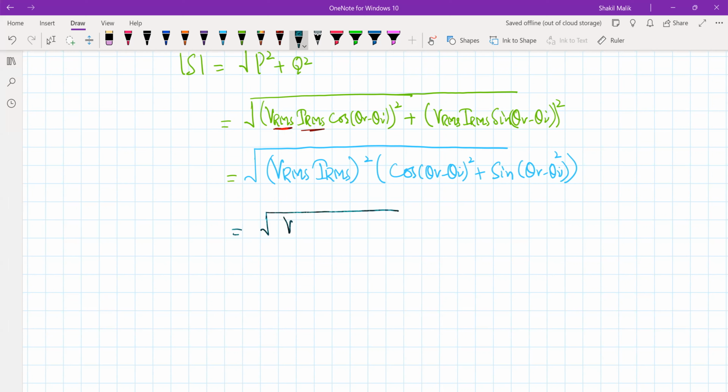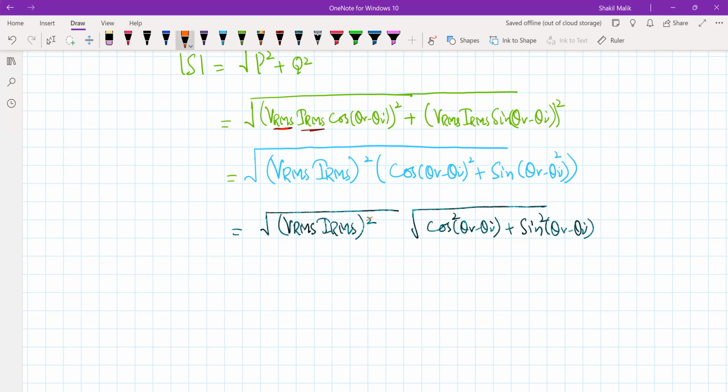So we can write it as VRMS IRMS whole squared times under root of cosine of theta v minus theta i whole squared plus sine of theta v minus theta i whole squared, right?